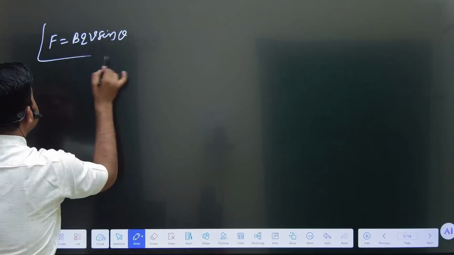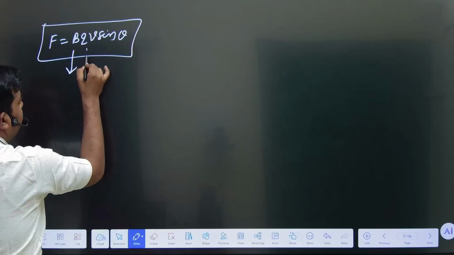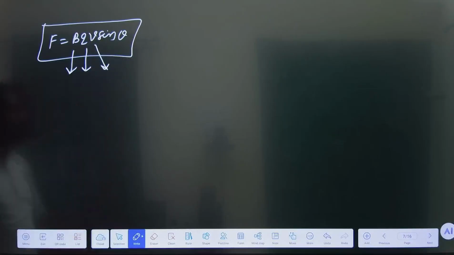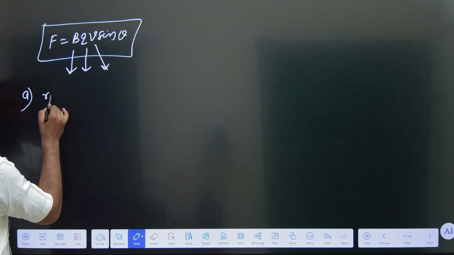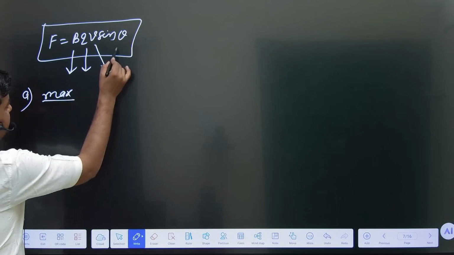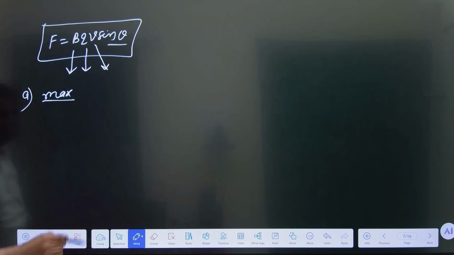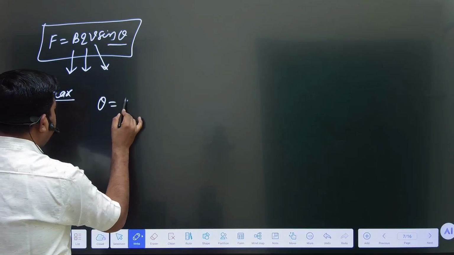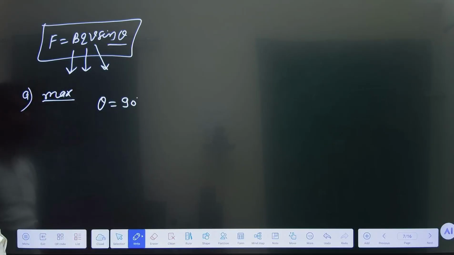This is the force on the charged particle. B is the uniform magnetic field, Q is the charge of the charged particle, and V is the speed of the charged particle. When it is maximum, the maximum value of sine theta is at 90 degree. Theta is equal to 90 degree.